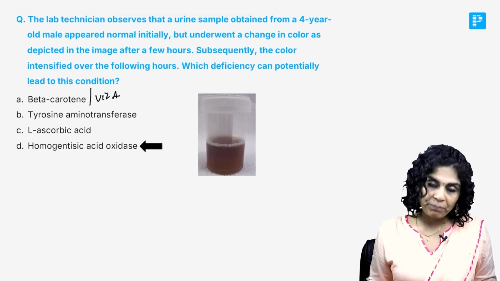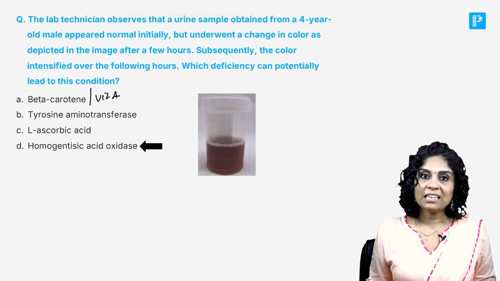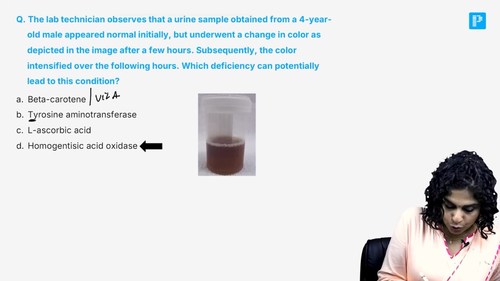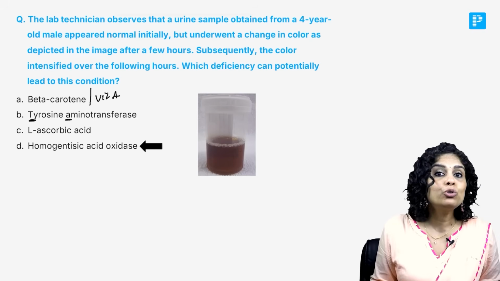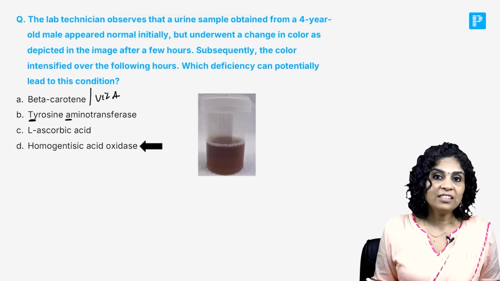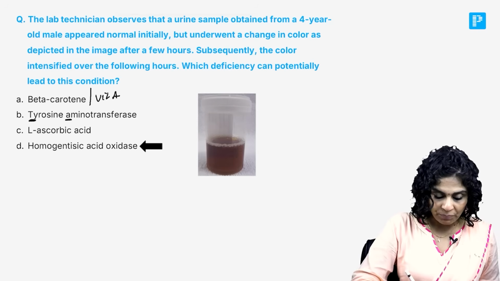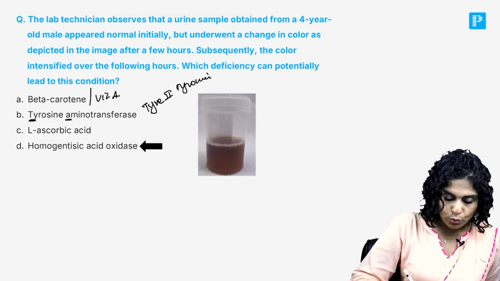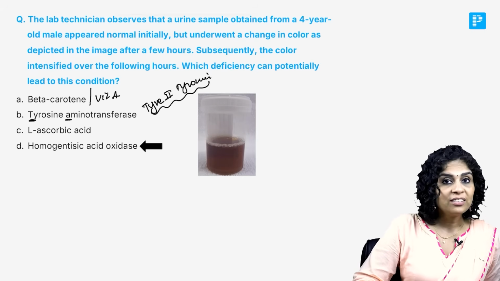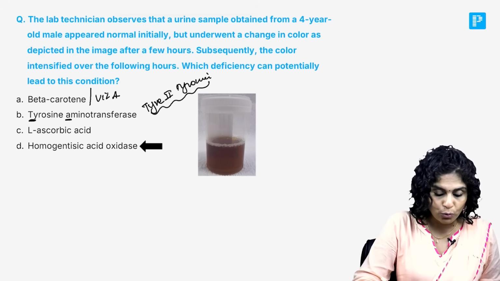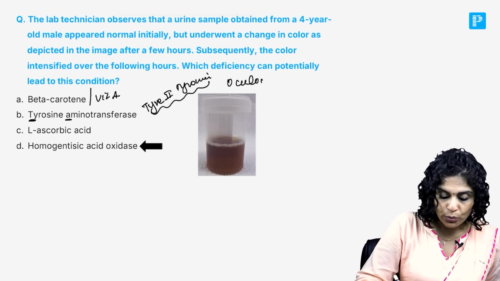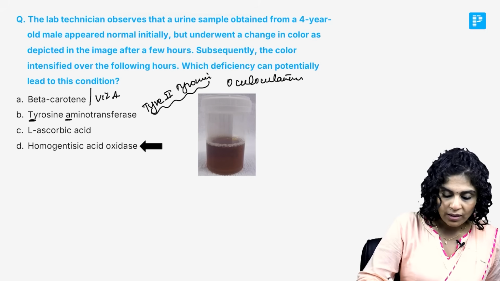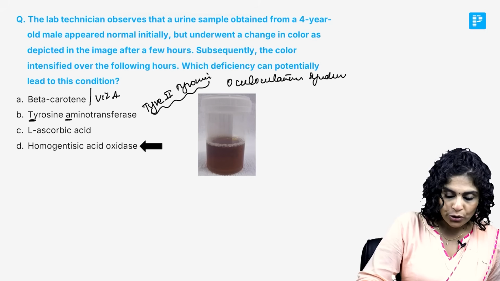How about choice B? Tyrosine transaminase defect. In the name tyrosine transaminase, you see two T's. Defect causes type 2 tyrosinemia, otherwise called Richner-Hanhart syndrome or oculocutaneous syndrome. So what do you expect in oculocutaneous syndrome?